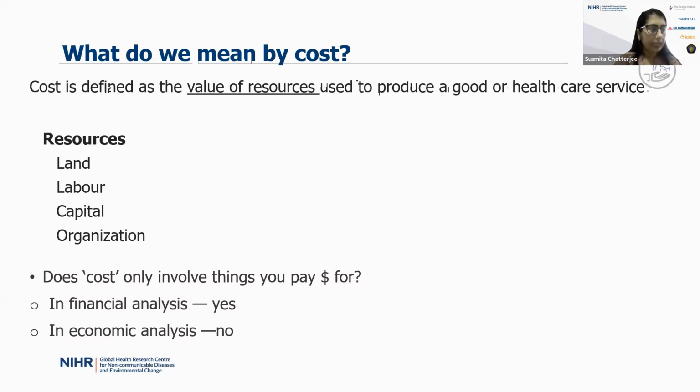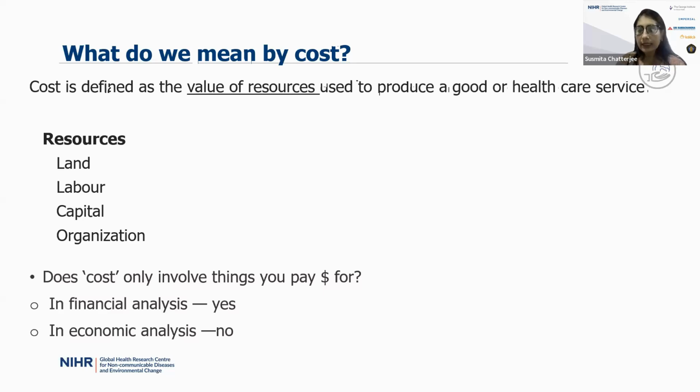So capital you need. And organization, meaning infrastructure, like a structure such as management, you need that. When I say organization in the health sector, it's basically the hospital setup. I'm not talking about the infrastructure that comes in capital, but the management, etc., that is required to run the system.